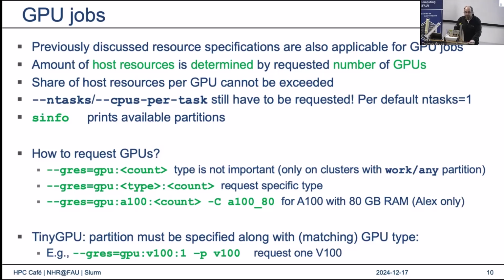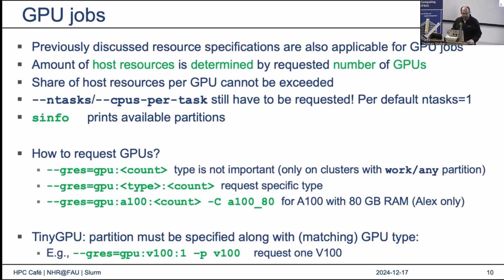In some cases, especially on Alex, you need to specify a constraint if you want the 80 gigabyte version of the A100. There are special versions of it. They are all managed in the A100 partition, so there is no differentiation in the partition, but we have a constraint, minus capital C, and then A100_80 gives you access to those.